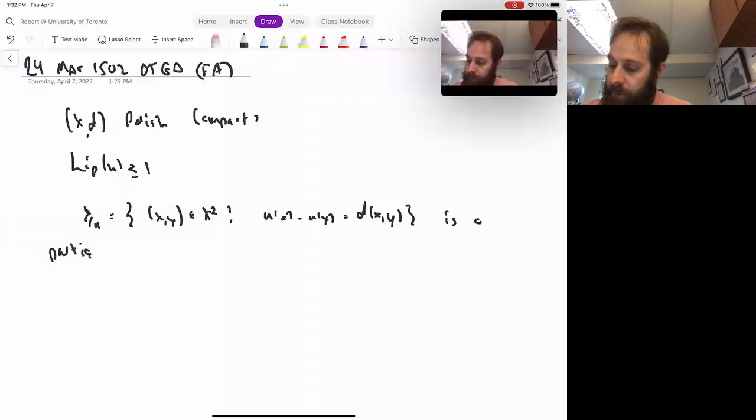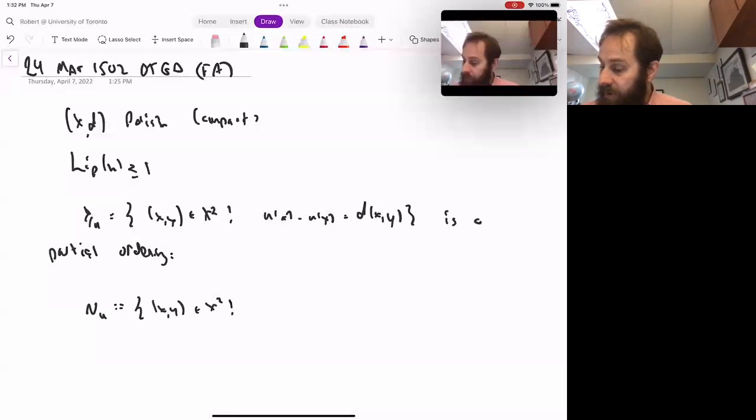Then let me also define its symmetrization: the set of points in X squared such that either X dominates Y or Y dominates X.